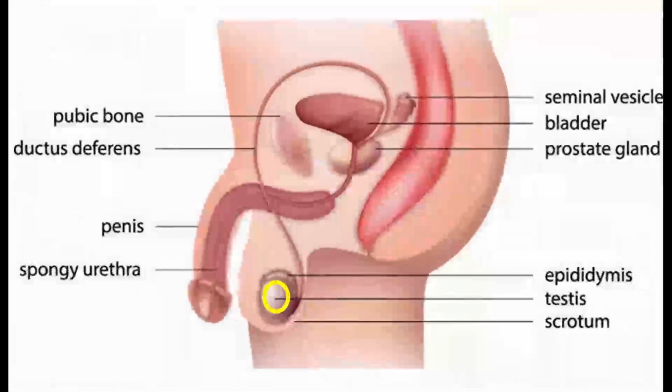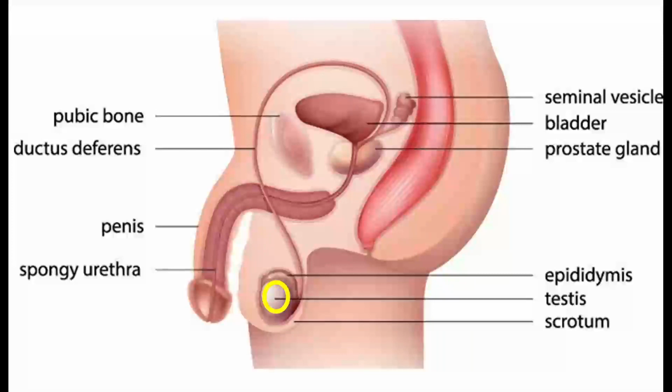What is this image? This image is a diagram, and it is showing that the yellow circle is pointing at the testis. The testis is outside the human body.